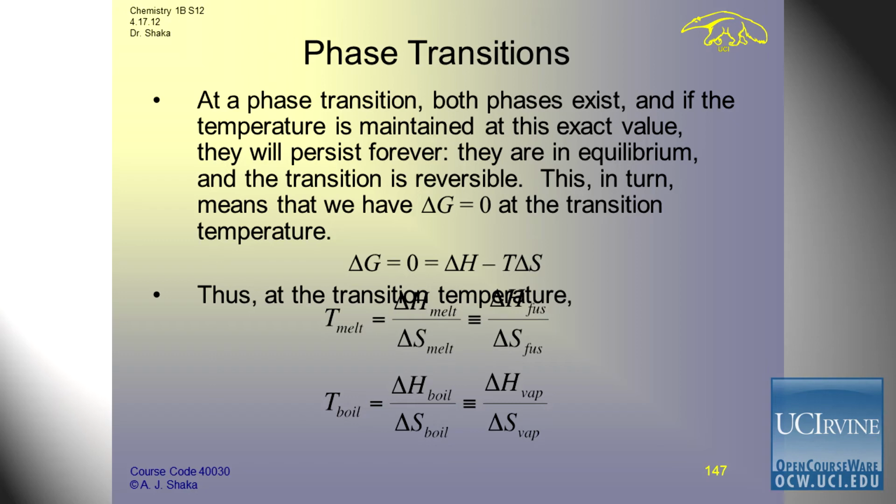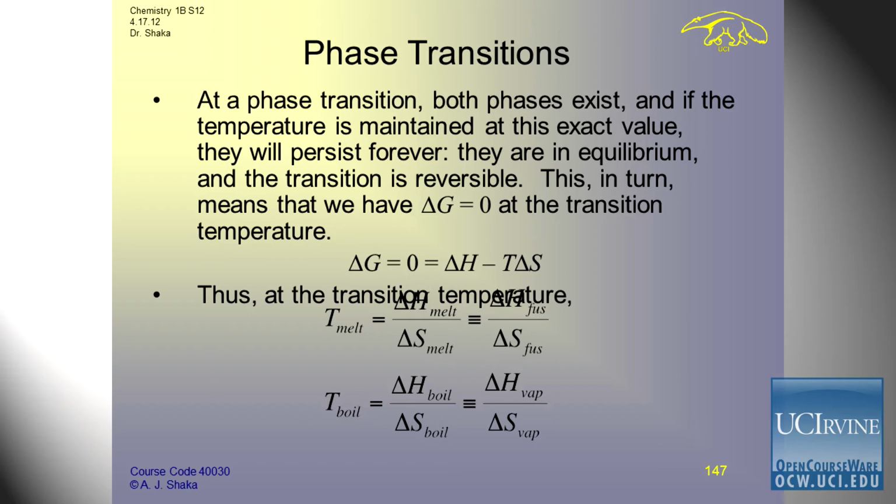So when do you have equilibrium in terms of phases? Well, when you have a phase transition. When sublimation is occurring, when melting is occurring, when fusion is occurring, vaporization or condensation, right?